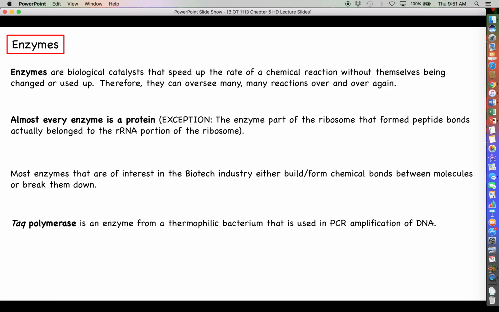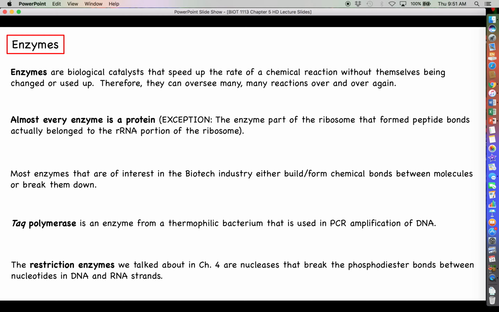That's why it's called Taq polymerase, Taq for Thermus aquaticus. This enzyme builds DNA molecules out of a template. Once we start talking about polymerase chain reaction in later chapters, this is the enzyme that is necessary in order to make that possible.